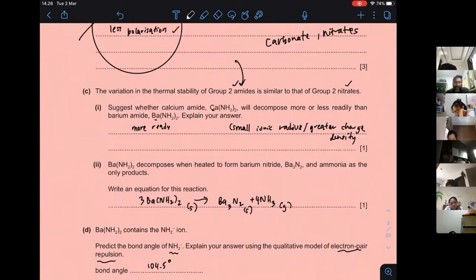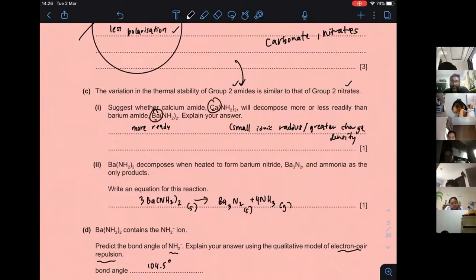So I want to suggest, I know the barium is lower, calcium is at the top. When calcium is at the top, it's smaller. The cationic radius is going to be smaller, and because of the smaller ionic radius, calcium has greater charge density.